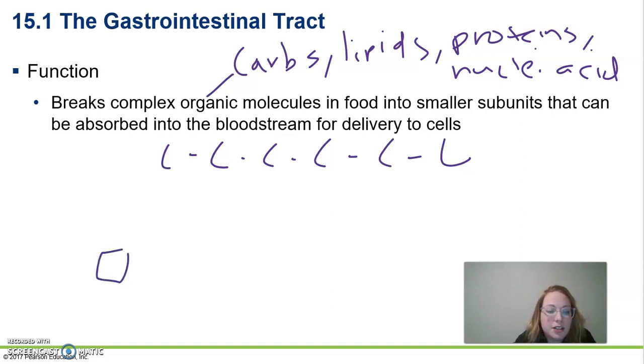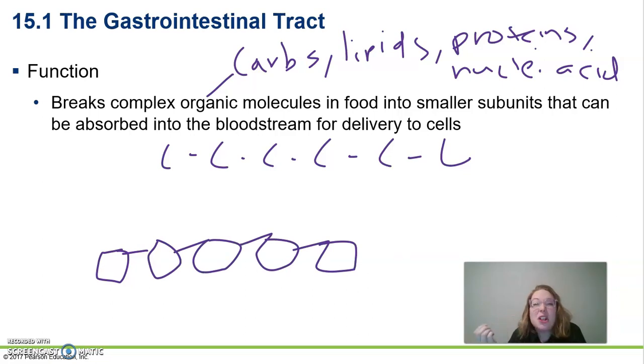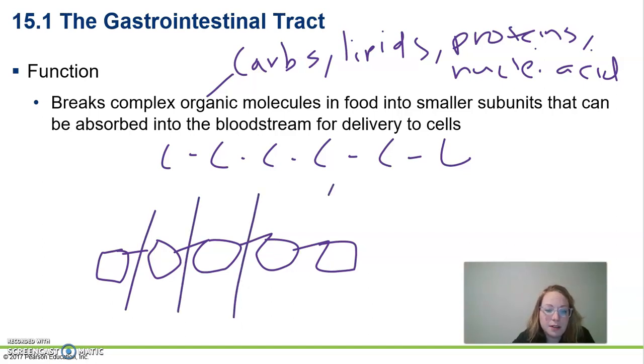Glycogen is glucose attached to glucose, attached to glucose in this long, long chain. That's too big to be absorbed, to be taken into the rest of our body. So what we do in our digestive system is we break these pieces down until we can use enzymes to break bonds, into individual pieces that are small enough to be absorbed.